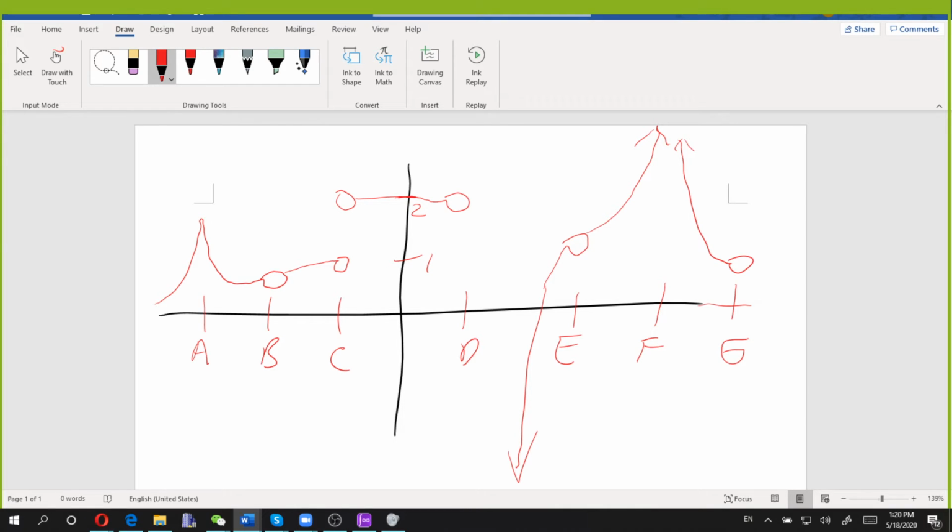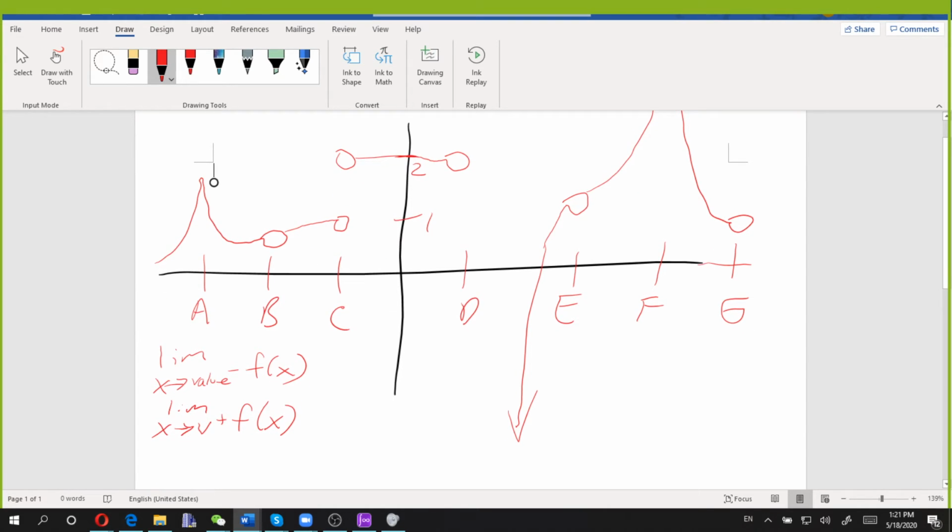At x equals a, I want you to tell me the limit from the left, the limit from the right, the general limit, if it exists, and then what is the actual point.